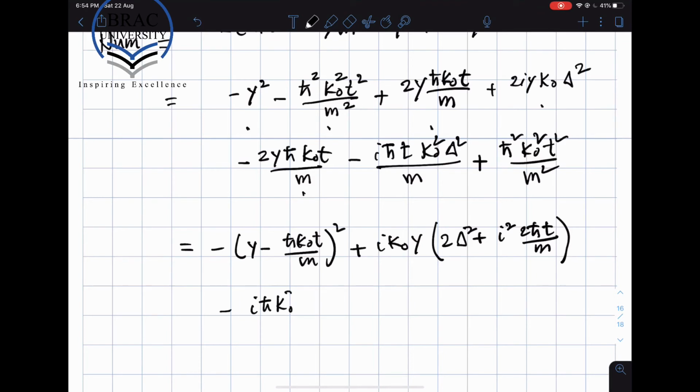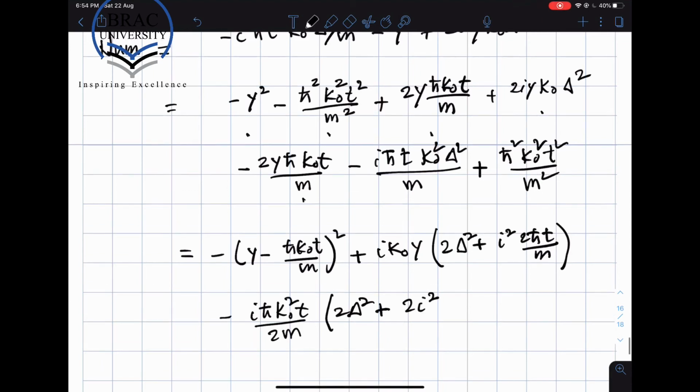So if we factor out i h bar k naught squared t over 2m, we get exactly the same thing as the term before in the brackets. I made a mistake. This was just i times 2, and here it's just i times 2, right? So then we have 2i h bar t over m. So we have exactly these two terms.